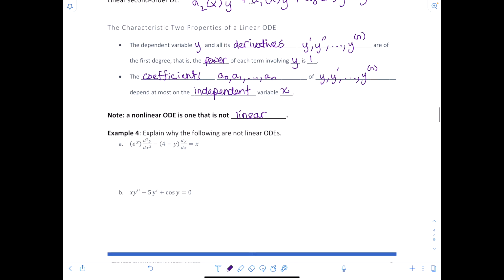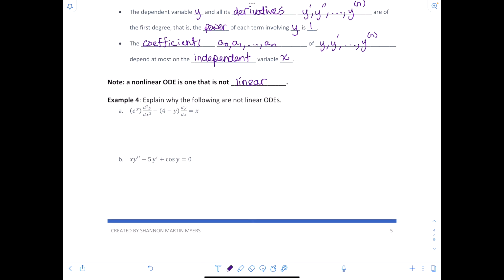All right, explain why the following are not linear ODEs. So this first term of part A, the e to the x is okay, right? Because it's a function of x, and the second derivative is fine.